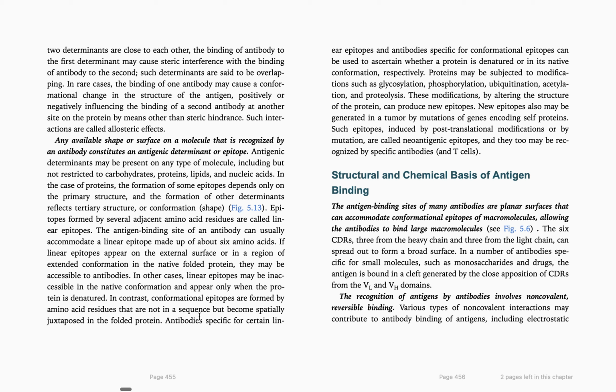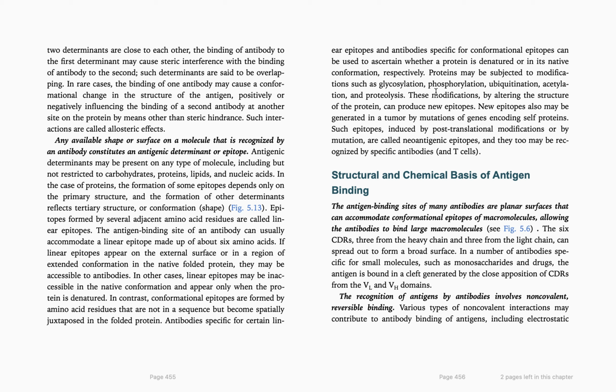In contrast, conformational epitopes are formed by amino acid residues that are not in sequence but become spatially juxtaposed in the folded protein. Antibody specificity for certain linear epitopes and antibody specificity for conformational epitopes can be used to ascertain whether the protein is denatured or in its native conformation, respectively. Proteins may be subjected to modifications such as glycosylation, phosphorylation, ubiquitination, acetylation, and proteolysis.